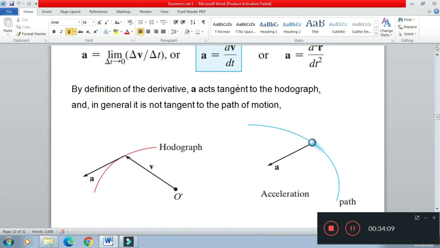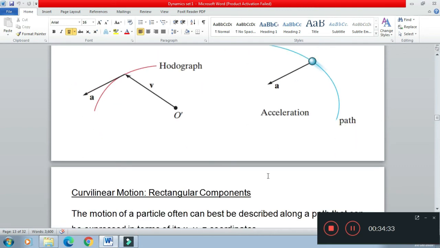So acceleration is tangent to the hodograph, velocity is tangent to the path of the particle. Acceleration is not tangent to the path of the particle.